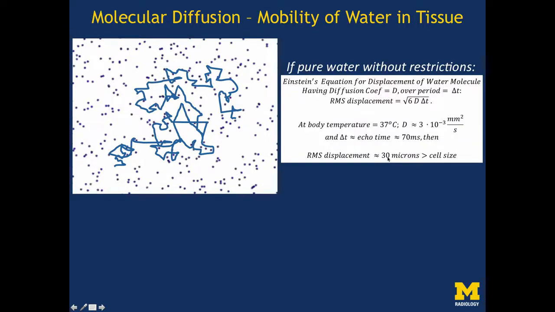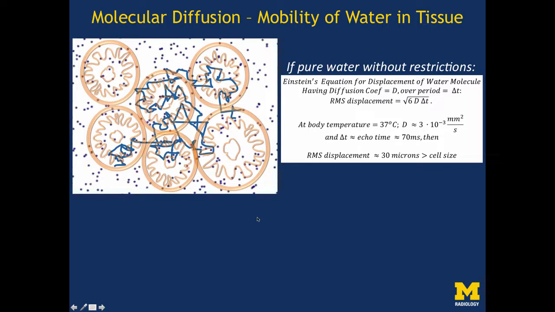We can go through some old mathematics of the typical distance that these water molecules cover in a certain interval of time. And it turns out it's just a fortunate break that the physics of diffusion of water and our imaging are synchronized, so that we can typically document when the water molecules are impeded by the existence of cellular membranes and intracellular water, how densely packed these cells are.